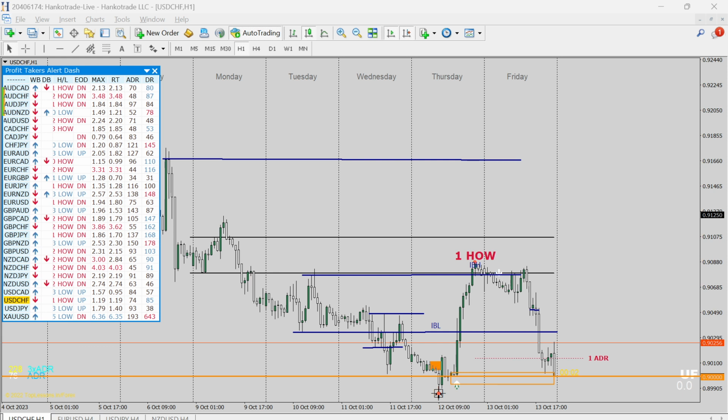So the dashboard, I think, is a very powerful tool. It will definitely help you to hunt down those pairs that are ready for you to trade your setup. Now, like I always say with every indicator, the indicators are not the holy grail. You still need to practice discretion and you need to be patient, especially when there's red folder news around, right?